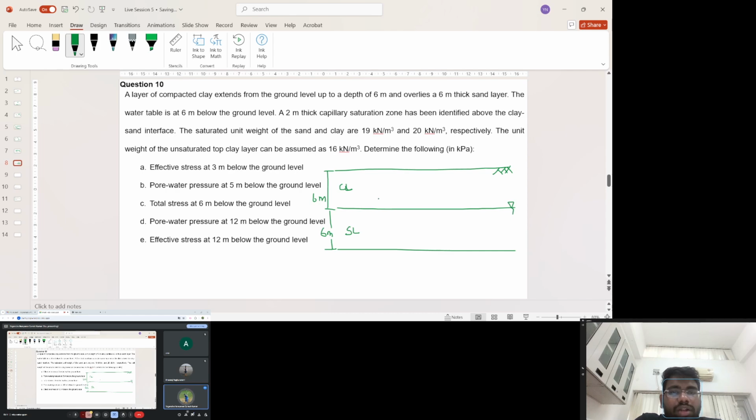Since the pore size of the clay layer is very small, it exhibits capillary phenomena. That extends up to 2 meters, where the water has risen and the saturation is 100% due to capillary rise.